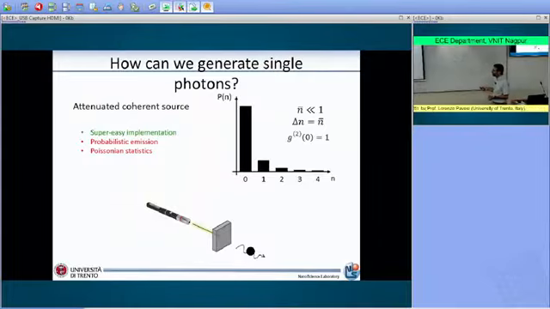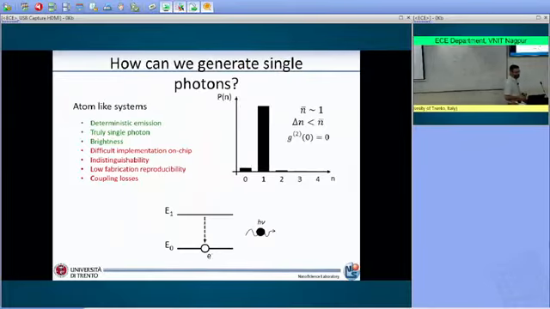This kind of statistics is called Poissonian statistics, and is the statistics that describes the source of photons coming from a laser. It is characterized by the fact that the average number of photons is equal to the standard deviation of the photon number. Okay? So this is not good. We do use this kind of source because it's very simple to implement, but it has this caveat, this problem.